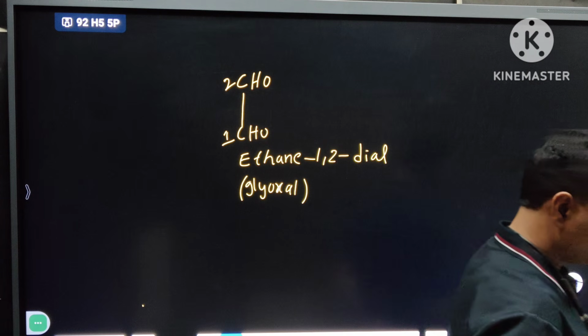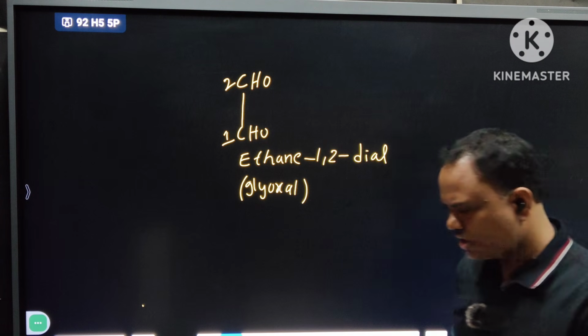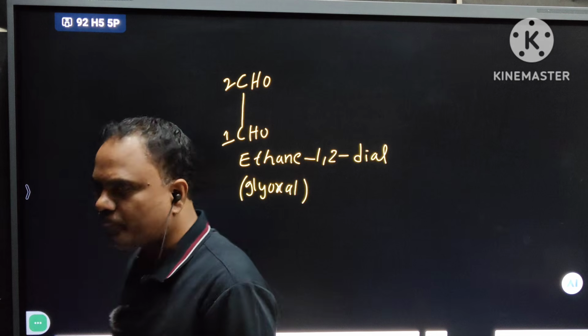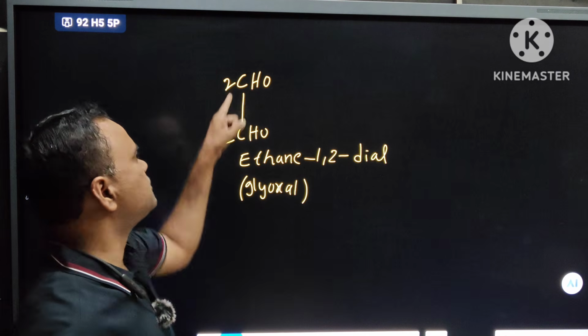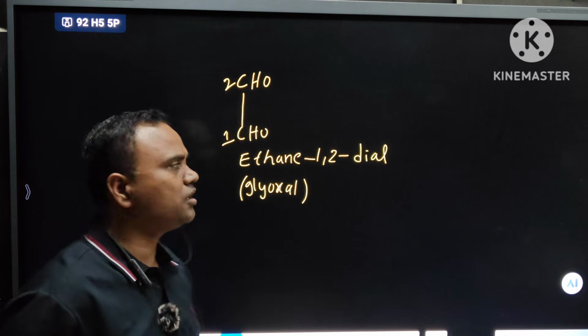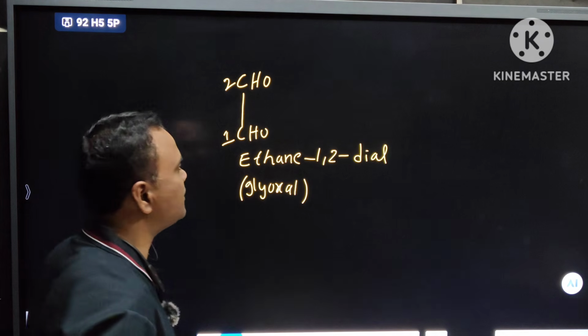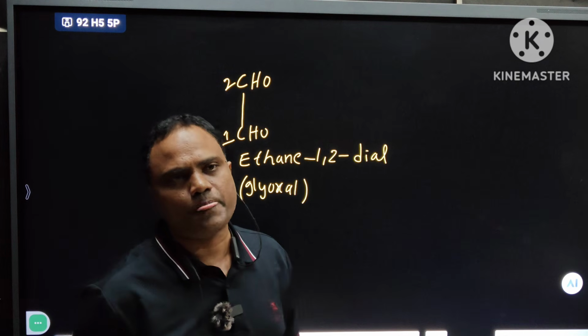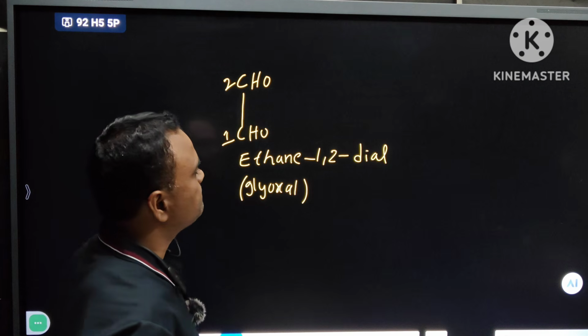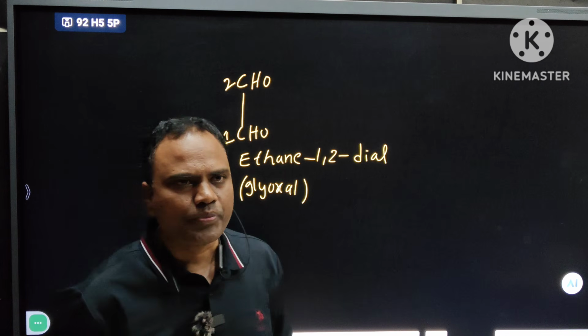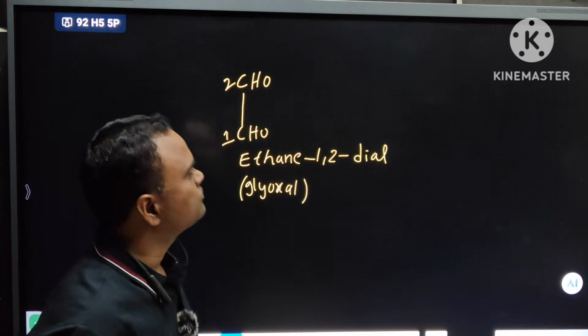So all functional group carbon is included in the numbering. Ethane, 2 carbons are there. That's why ethane 1,2 diol. Commonly it is called glyoxal. Clear? Got it? Right.